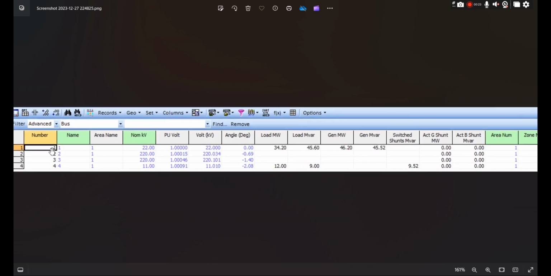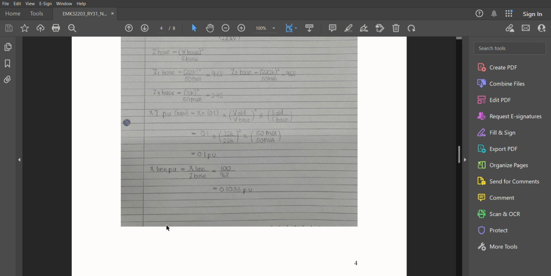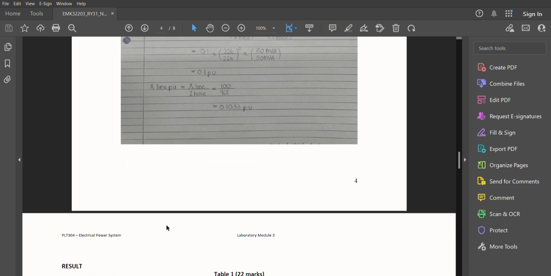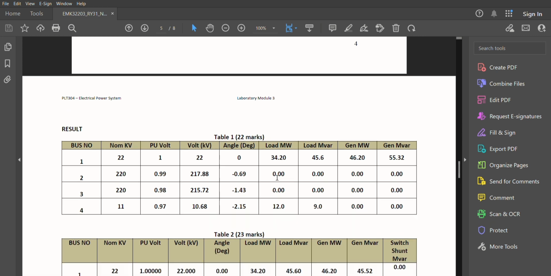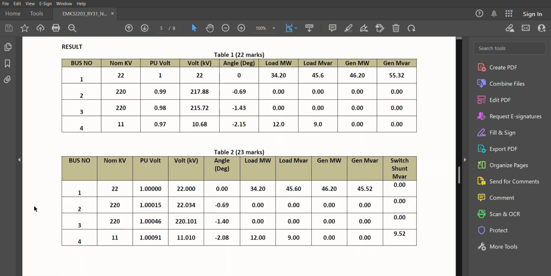This is Table 2, with the same columns. So basically I've shown you the demonstration. Now this is the result of Table 1, and this is the result of Table 2.